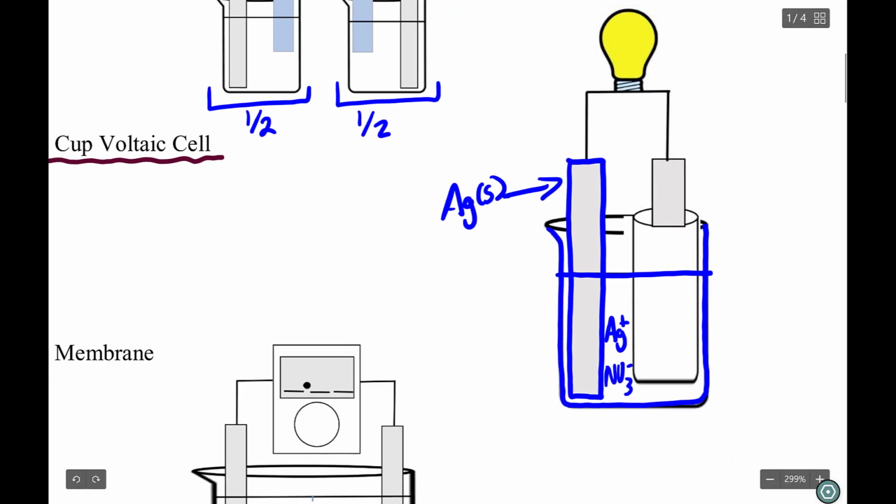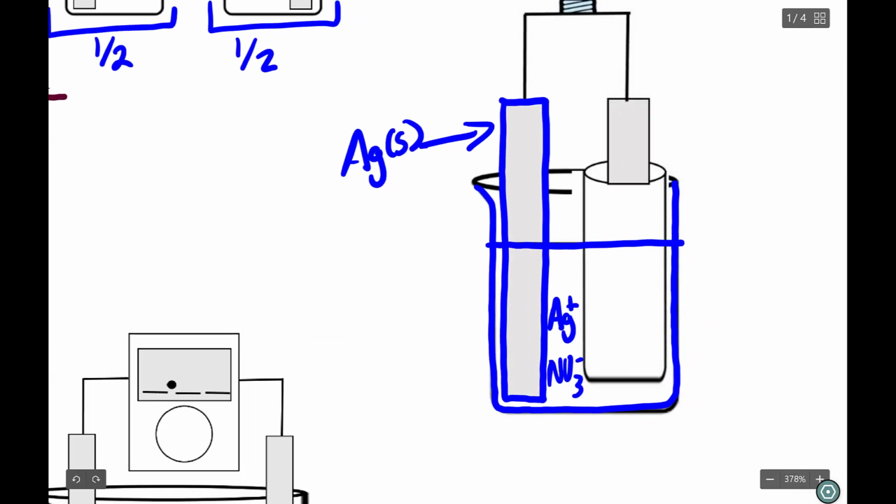The new part here is the cup inside of it. This is called a porous cup. They look a little bit like a clay cup, like it was made in a kiln, and they're porous. So they actually allow for the flow of cations and anions from one half cell to another.